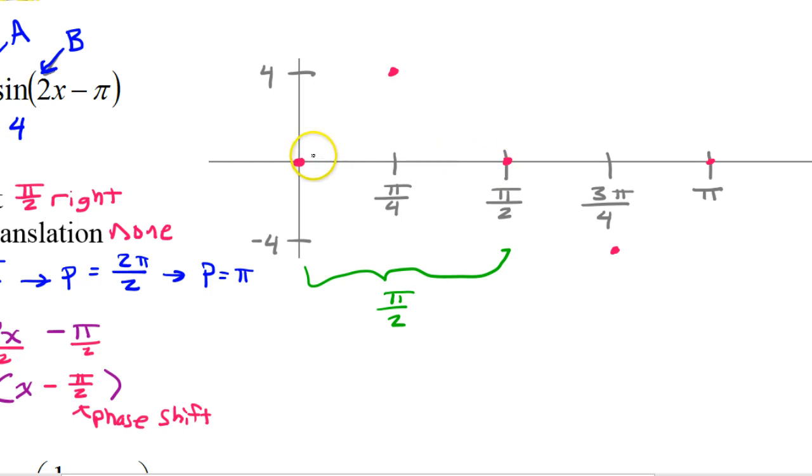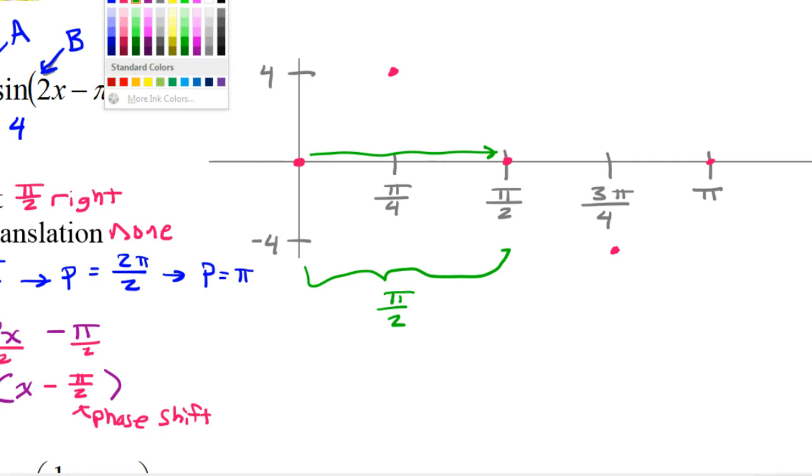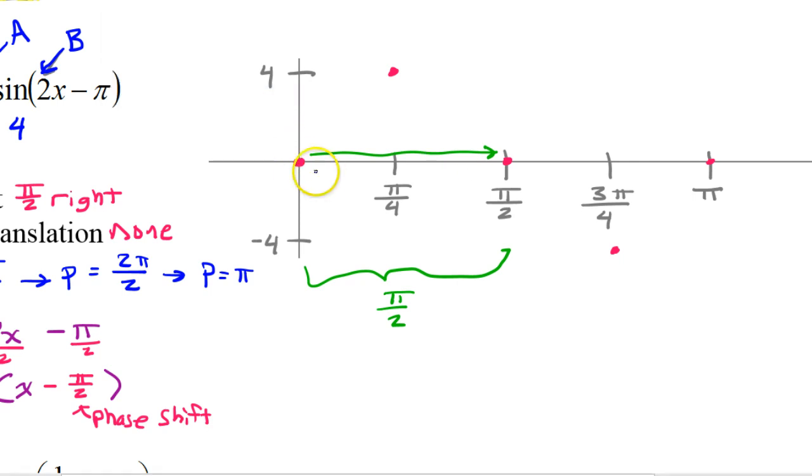So when I do my phase shift, I need to move all of my points this far to the right. All right, that's 2 full jumps to the right. So that's what I'm going to do, and I'm going to put my final answer in blue. So this first point, if I do a phase shift of pi over 2, it's going to land here.